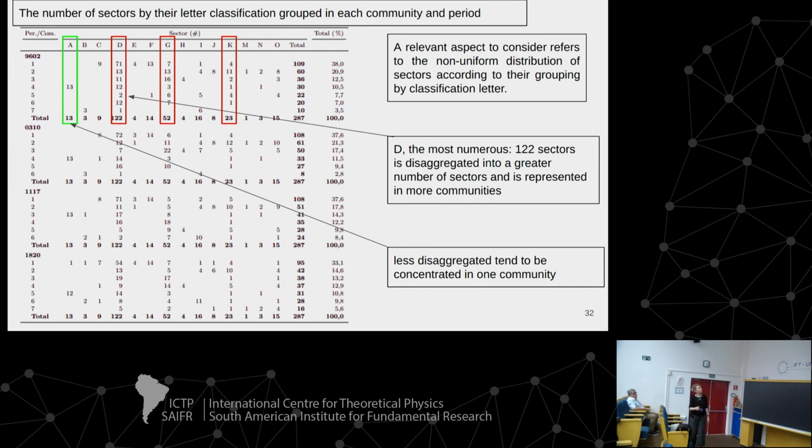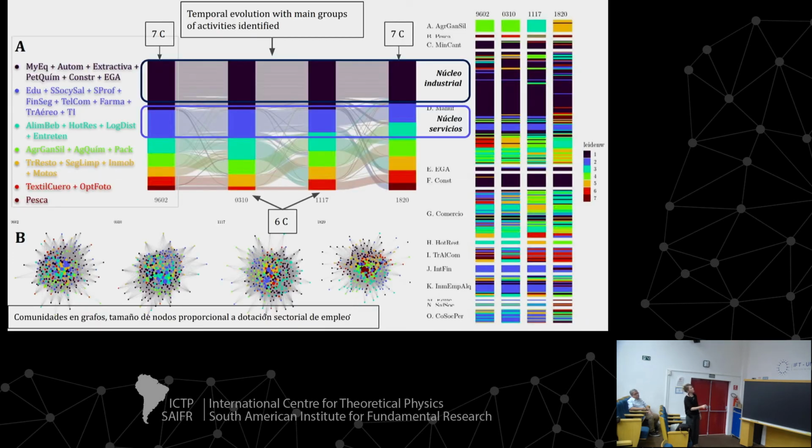Here, for example, this is just an extraction of a huge table. Here I put the number of sectors by their letter of classification inside each community per period, okay? For example, this is my first period. What I do is take this, and I go community per community, and I look at what is inside each community, okay?